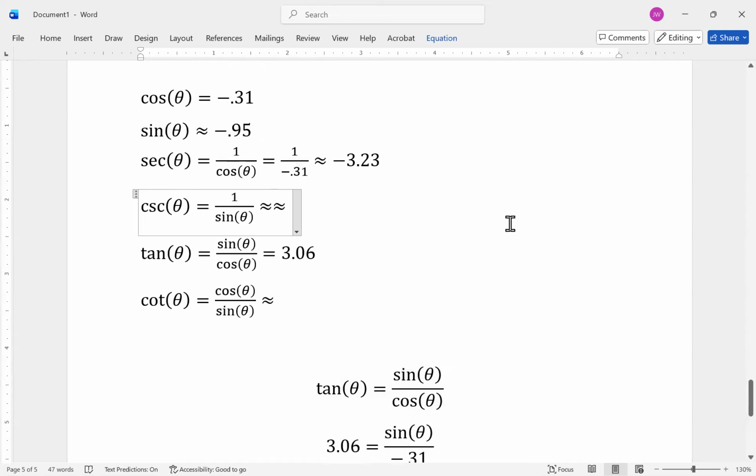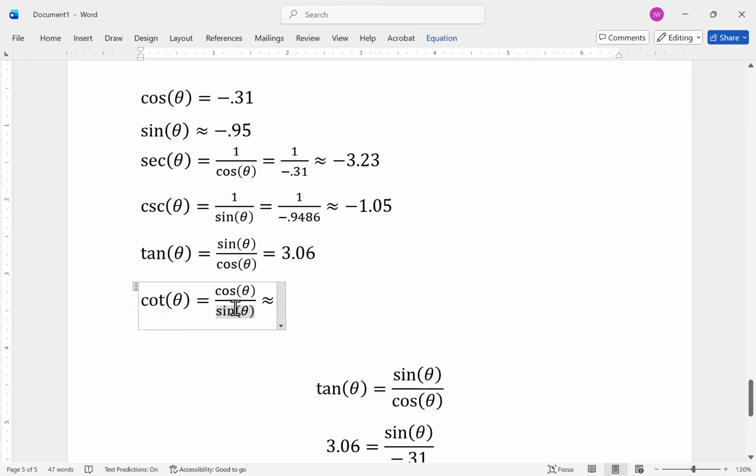If I wanted the exact value, I could be a little bit more precise with that, 1 over negative 0.9486. But in either case, you get about negative 1.05. So whether you round your denominator to 0.95 or to 0.9486, you get the same thing.